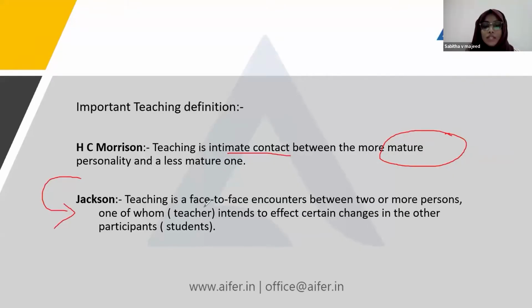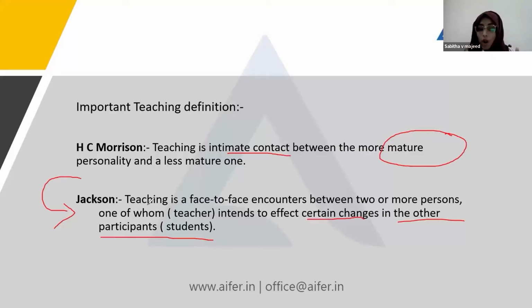Then coming to Jackson's definition, Jackson defined teaching as a face-to-face encounter between two or more persons, one of whom is a teacher who intends to create certain changes, certain modifications, in the other participants, who are students. According to Jackson, teaching is a face-to-face interaction.